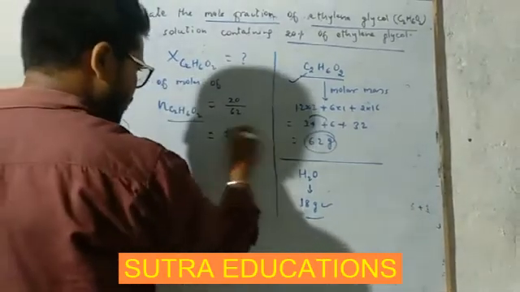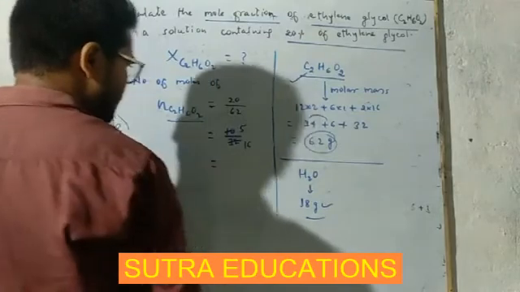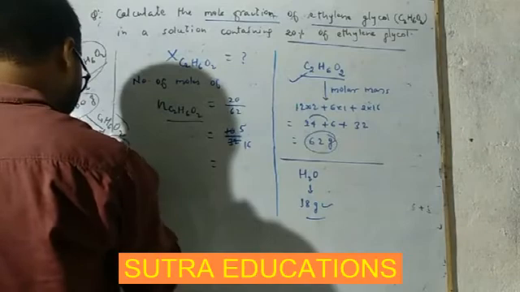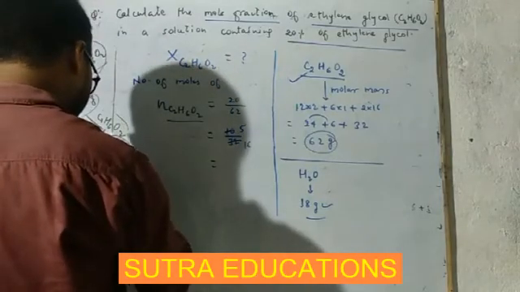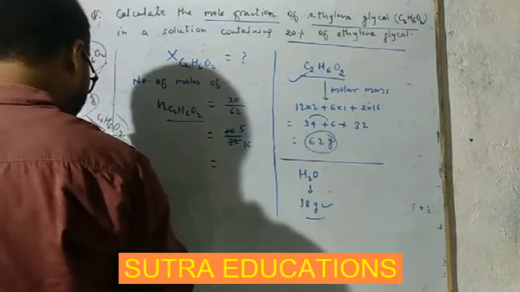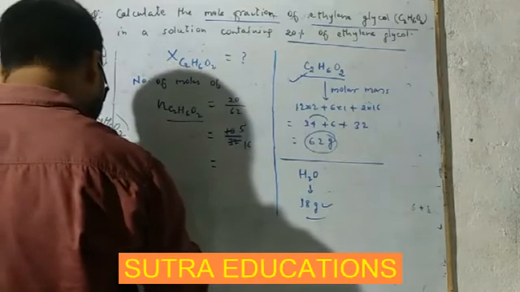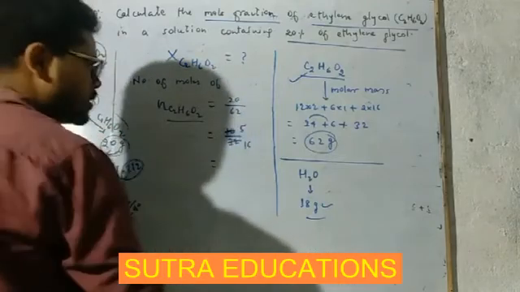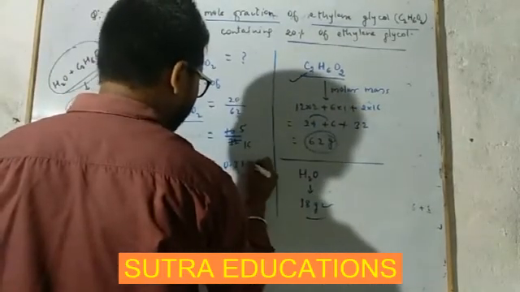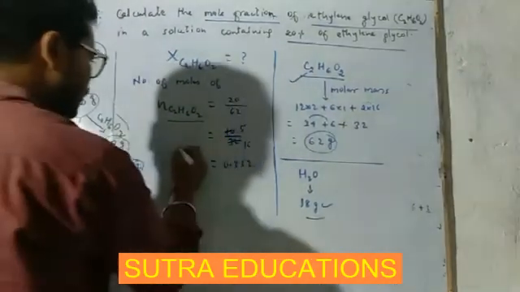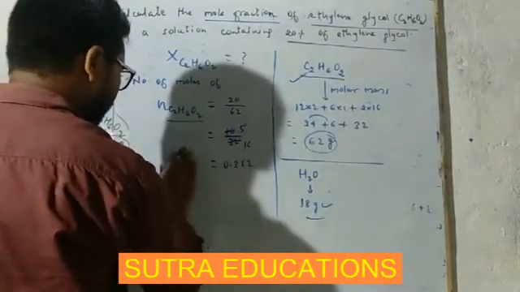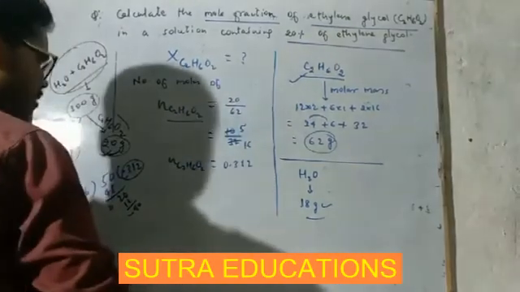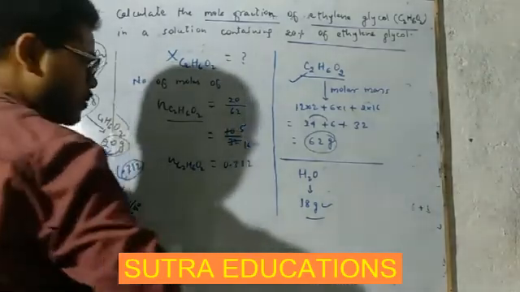So this number will be 0.312. So number of mole of ethylene glycol C2H6O2 is 0.312.